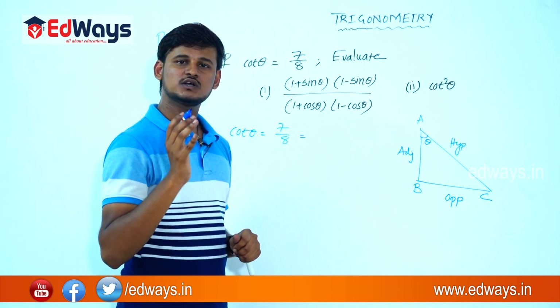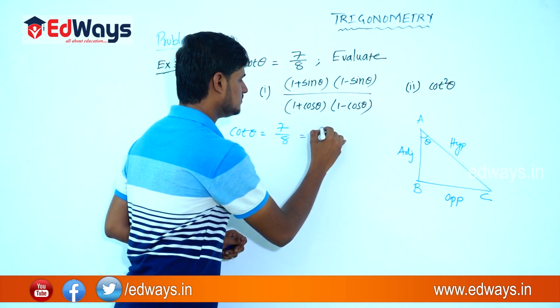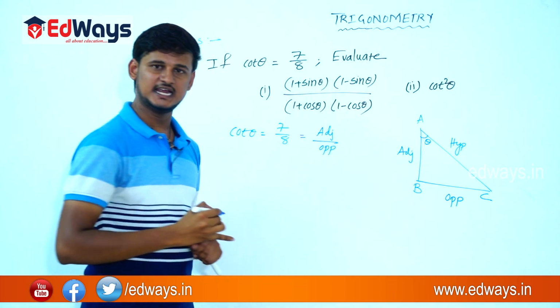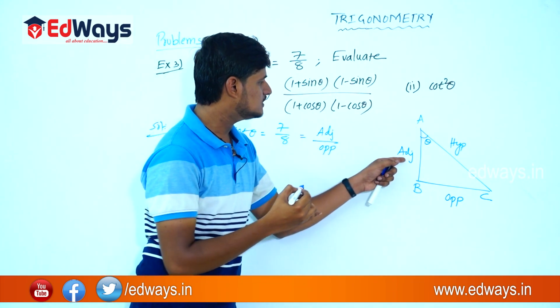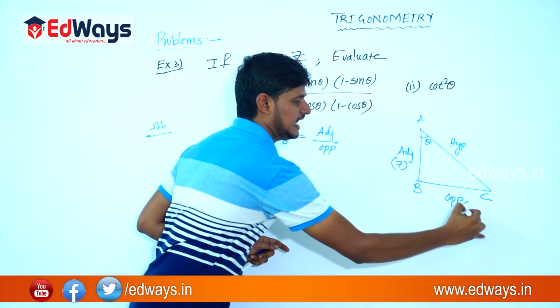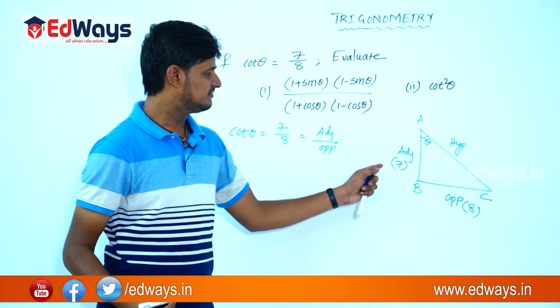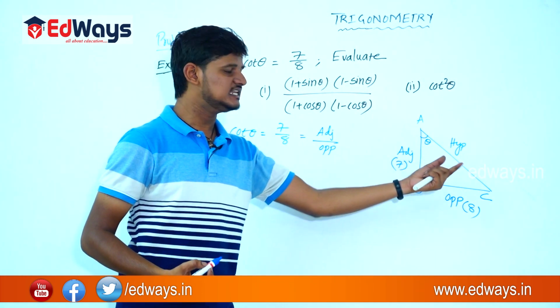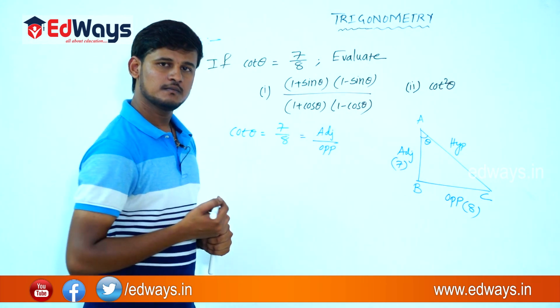Now what is the cot formula? Adjacent by opposite, right? So what is adjacent here? 7. Opposite is 8. So you know two sides of the right triangle. We can easily find the third side using the Pythagoras theorem.